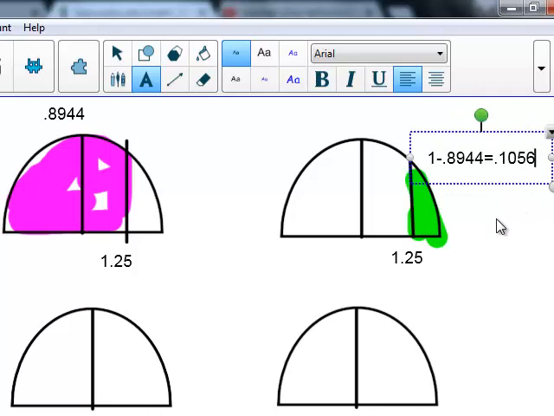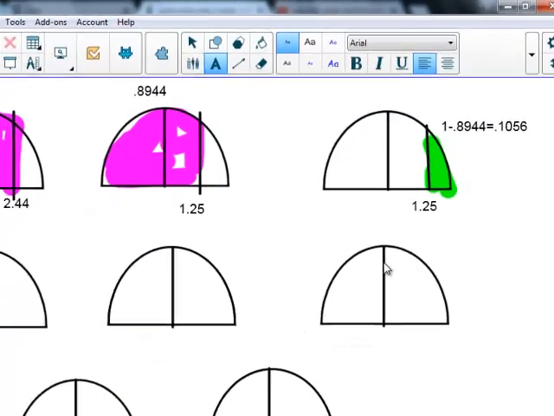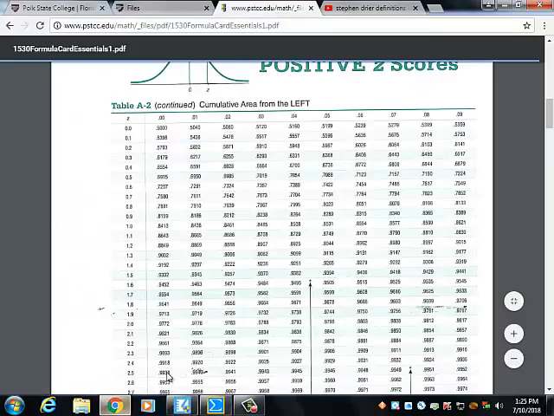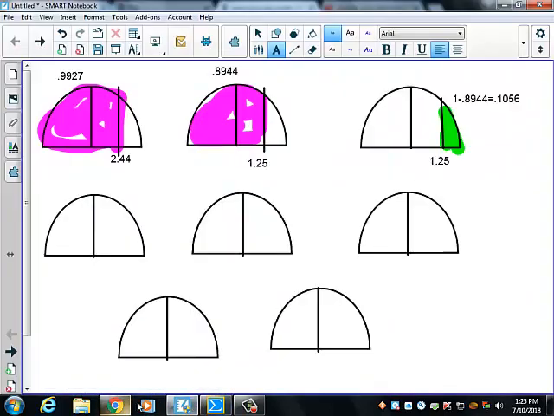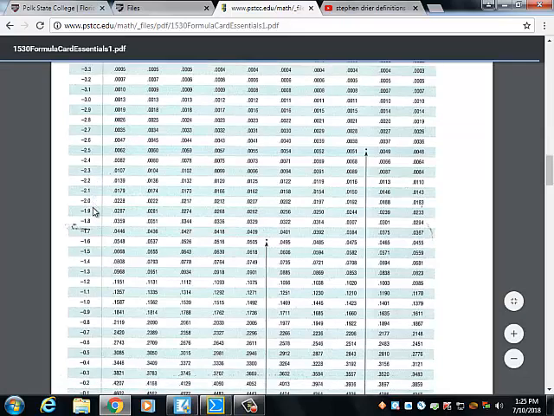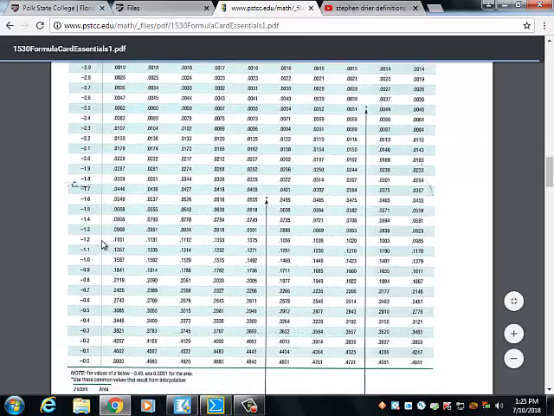Now, we could get that if we make an observation. If I go to the negative chart and I look up 1.25, here's negative 1.2, this is 0, 1, 2, 3, 4, 5.